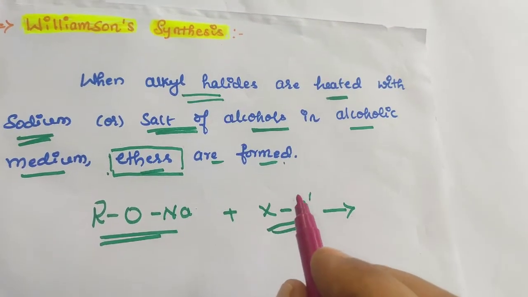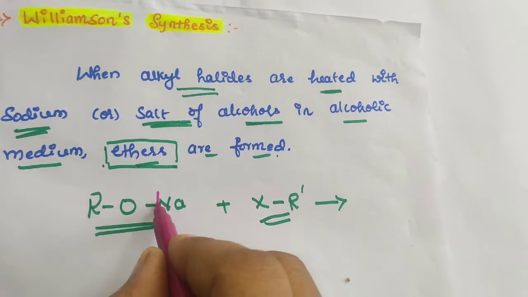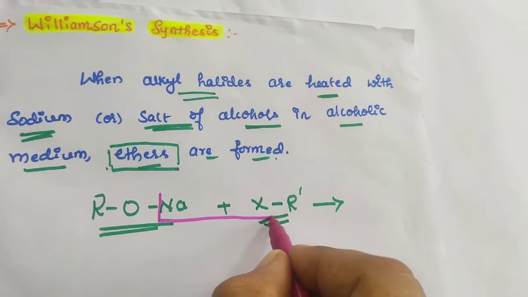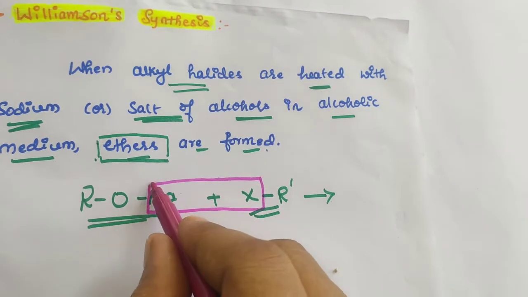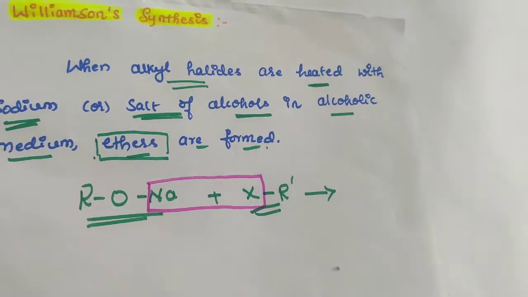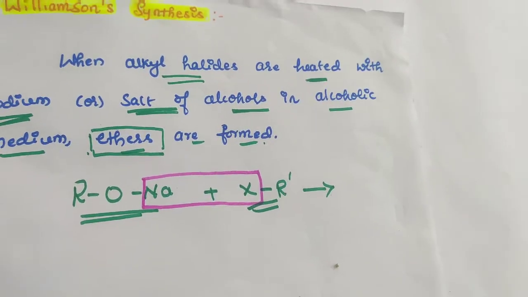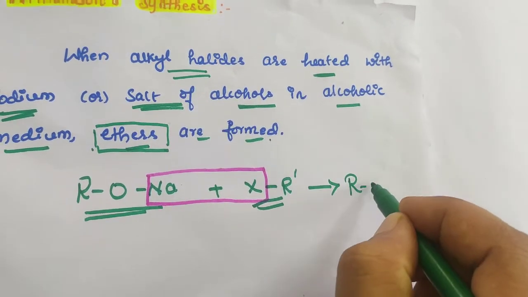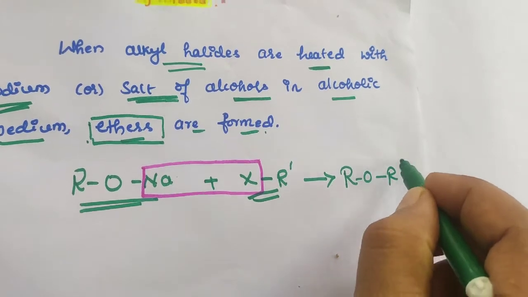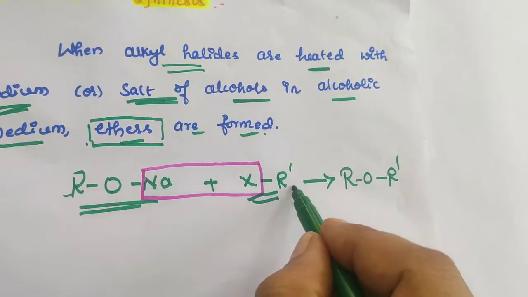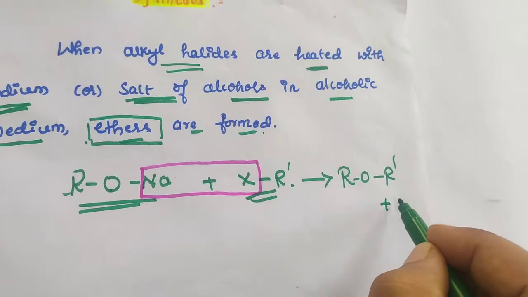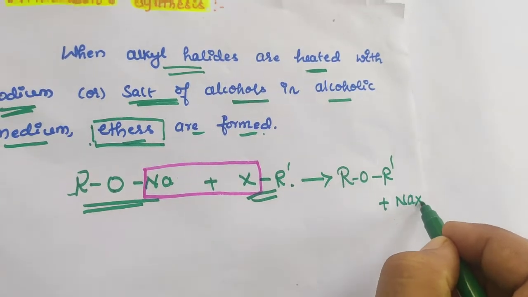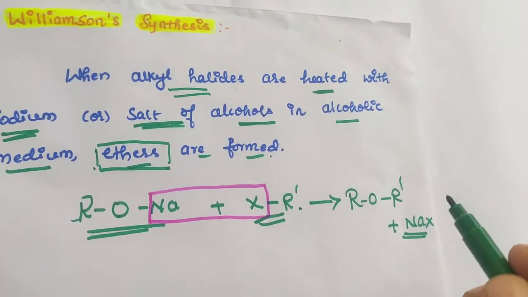What gets eliminated is the sodium, which combines with the halogen and is eliminated in the formation of sodium halide. So what is the main product we are obtaining here? R O R dash, plus there is an elimination of sodium halide.